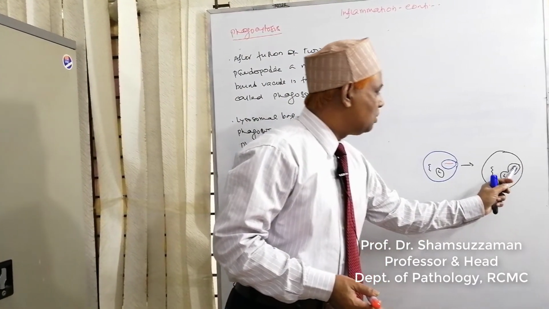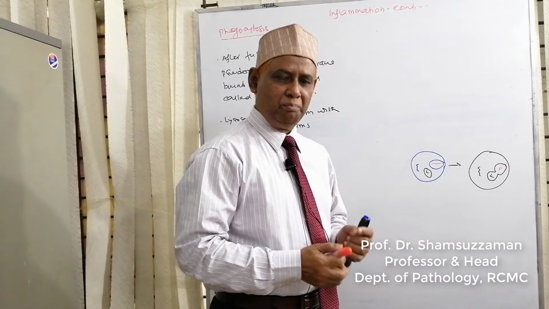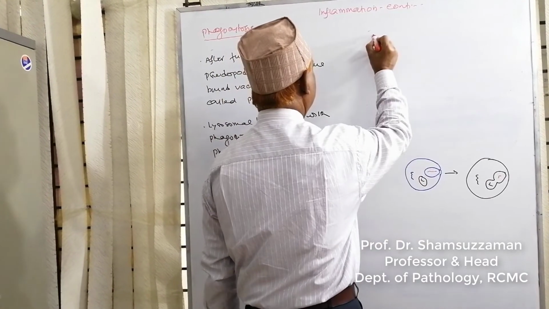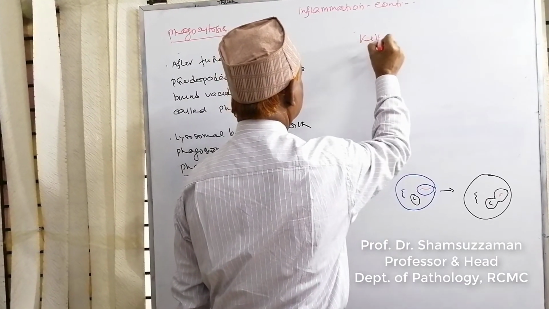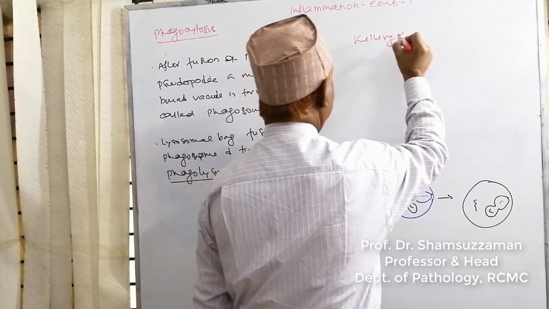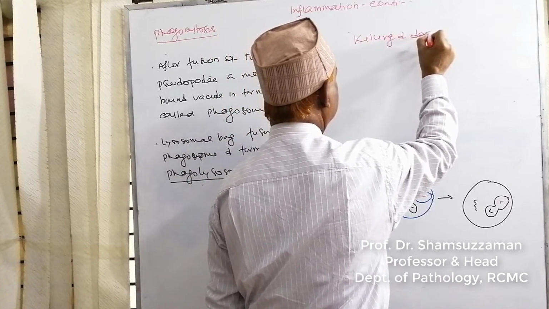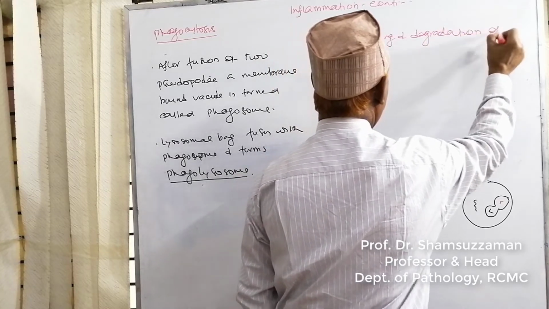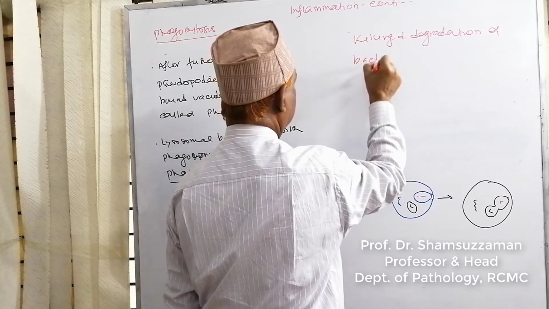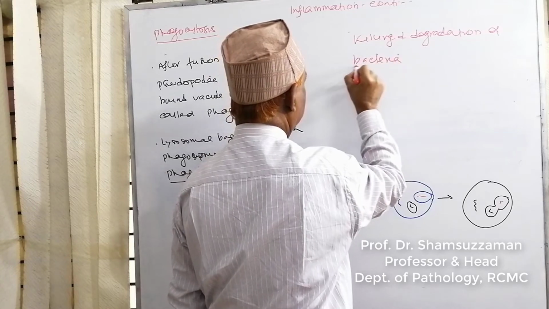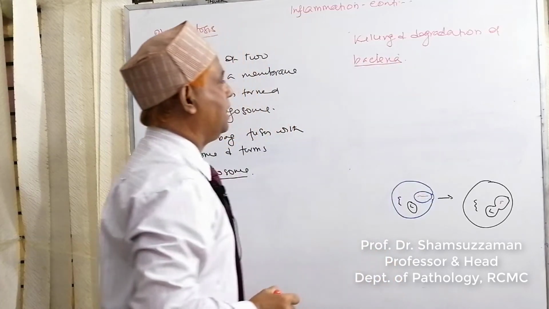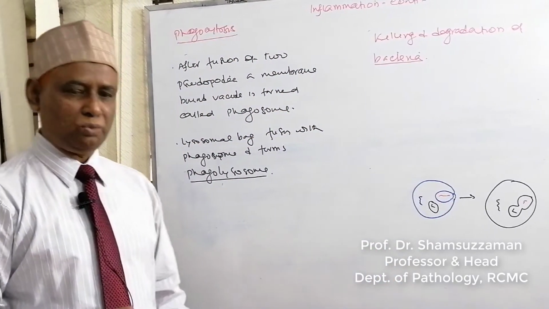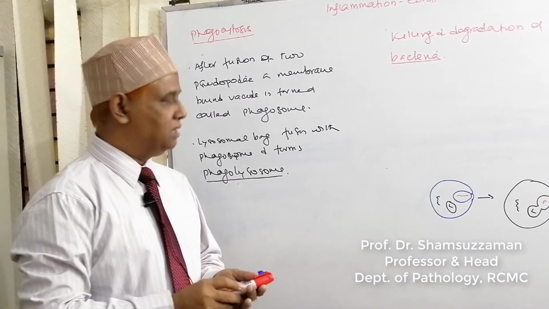Then there is killing and degradation of the bacteria. Now come to killing and degradation of bacteria. How does killing and degradation of bacteria occur within the phagocytic cell?